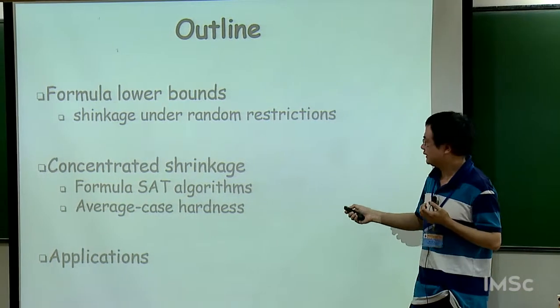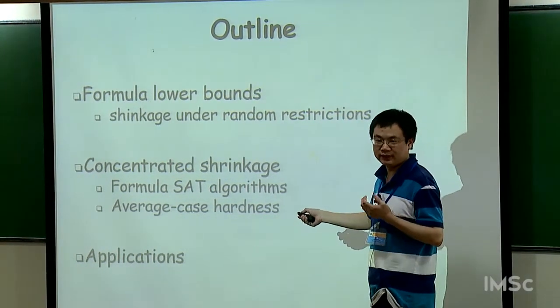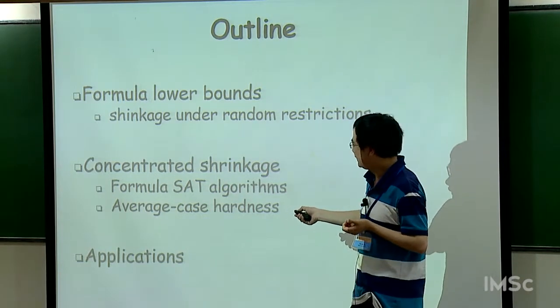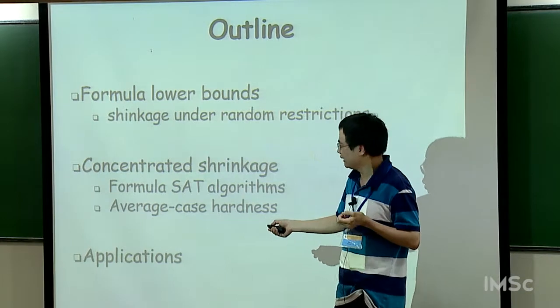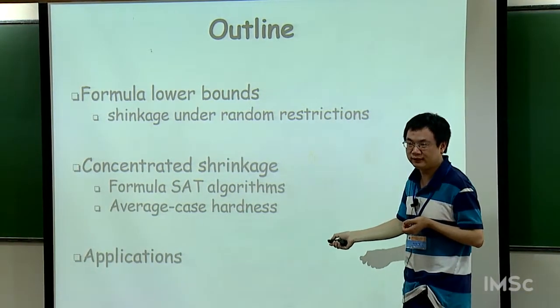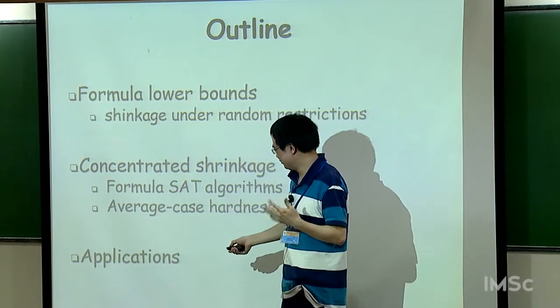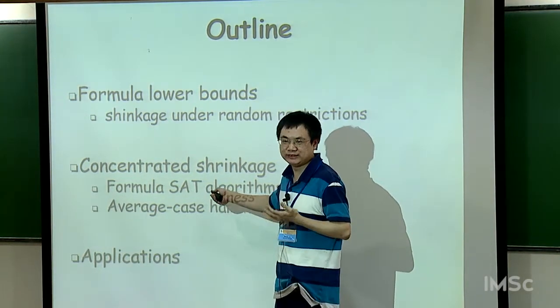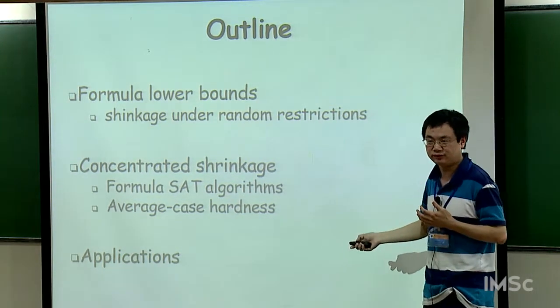And then we'll see that this property can be generalized to shrinkage with high probability. This concentrated shrinkage implies formula SAT algorithms and also average case lower bounds. And at the end, I will have a list of applications of almost the same technique, but over other kinds of circuit models.